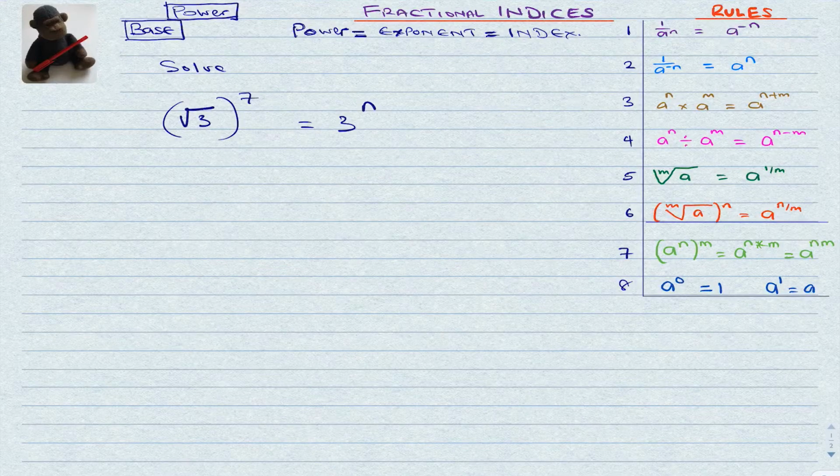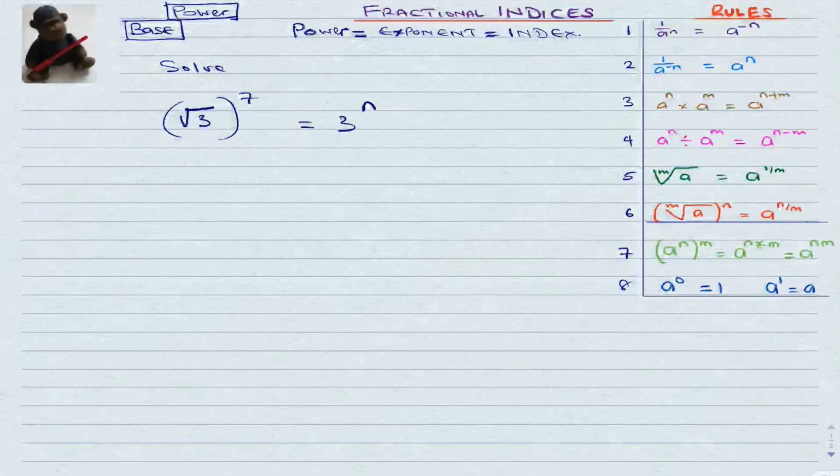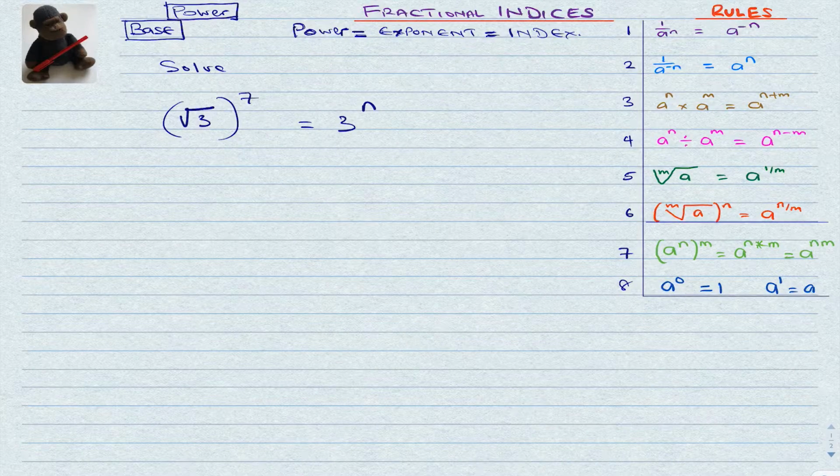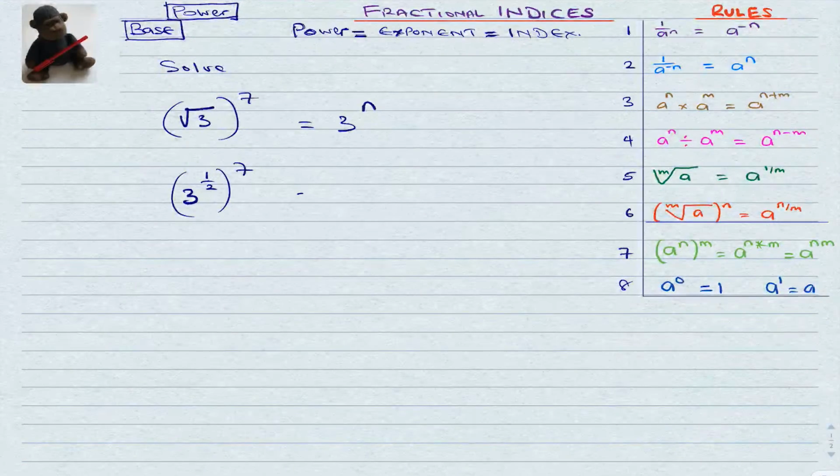Here's another question. Again, it looks difficult, but it's not that difficult. What we need to do now is apply rule number 6. We need to turn this square root into a fraction power. So that will become 3 to the power of a half in the bracket, to the power of 7, equals 3 to the power of n.